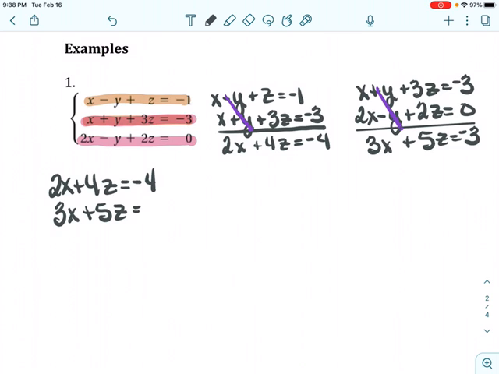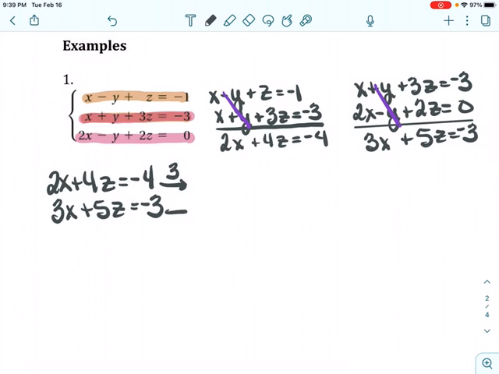Here we're going to do elimination, but notice nobody has opposite signs, and nobody has the same numbers in front, so we're going to have to create that. I'm going to choose to get rid of the x's, because if I multiply the top by 3 and the bottom by negative 2, I'm going to be able to get rid of the x's.